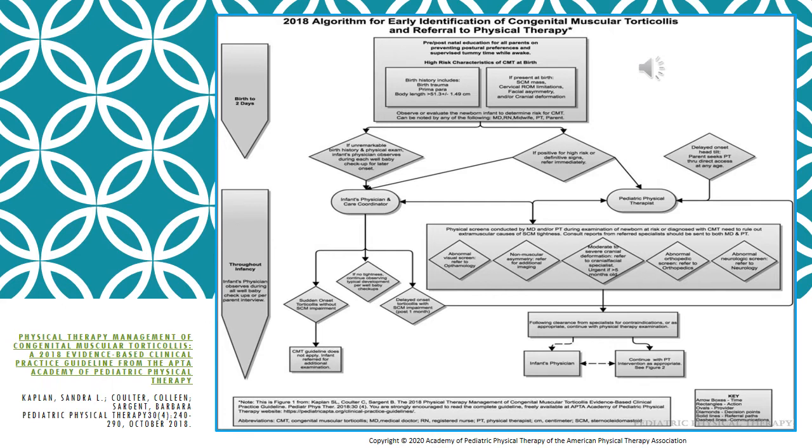This flow diagram was taken from the clinical practice guidelines for torticollis, and it basically outlines the possible referral and communication pathways that we talked about on the previous slide.